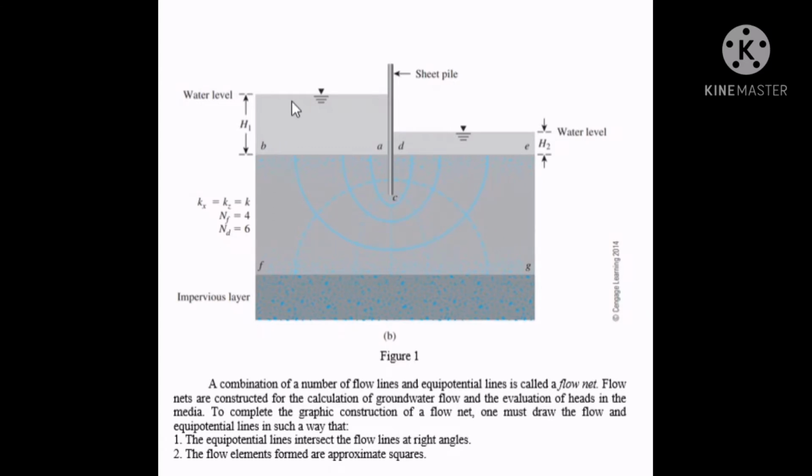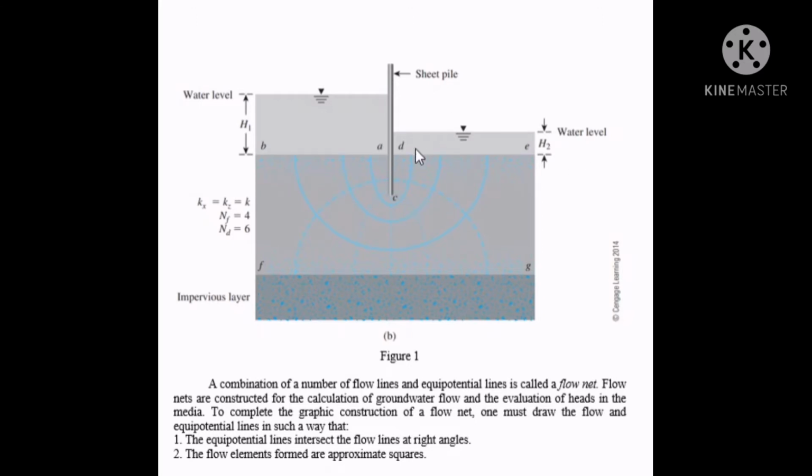So if you look at the figure, there is what we call kx equals kz and k. So yung kx and kz, these are the coefficient of permeability or the hydraulic conductivity at horizontal and vertical direction. So, yun kasing ating lupa, 'di ba?